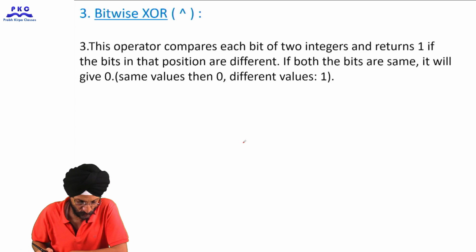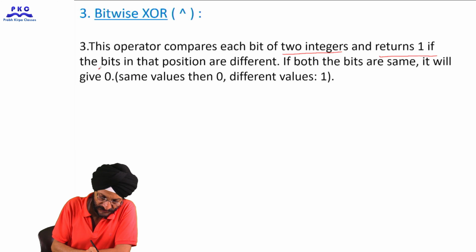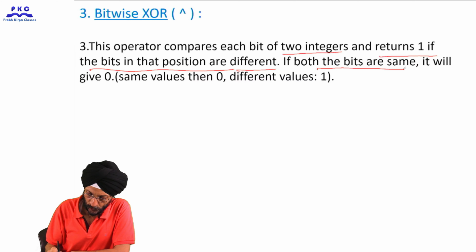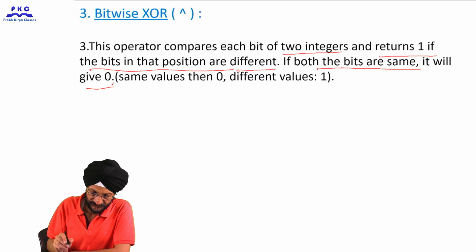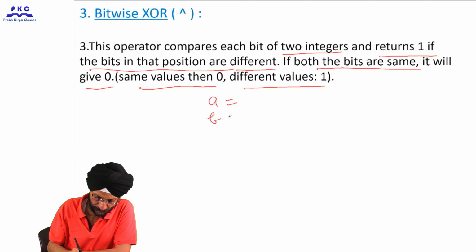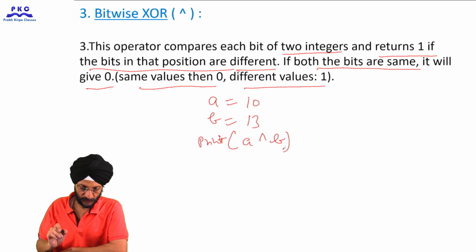Now bitwise XOR. This operator compares each bit of two integers and returns 1 if the bits in that position are different. If both the bits are the same, it will give 0. That is, same values give 0, different values give 1. We again take the same example, A 10, B 13, and now use bitwise XOR.